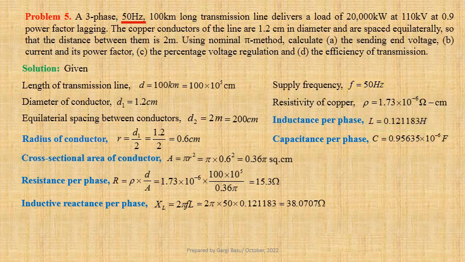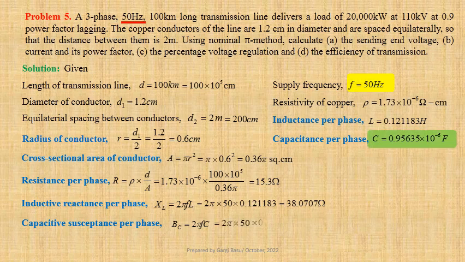38.0707 ohm. Capacitive susceptance per phase, BC equals 2 pi f into C. Using values we get 2 pi into 50 into 0.95635 into 10 to the power minus 6, that is equal to 3 into 10 to the power minus 4 mho.